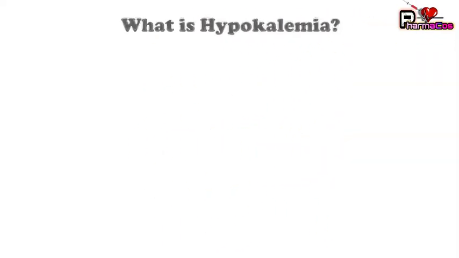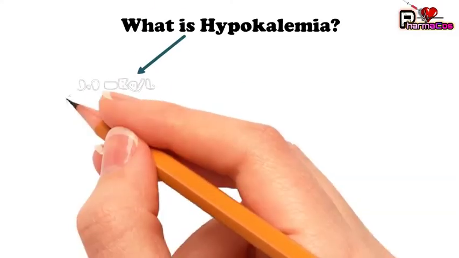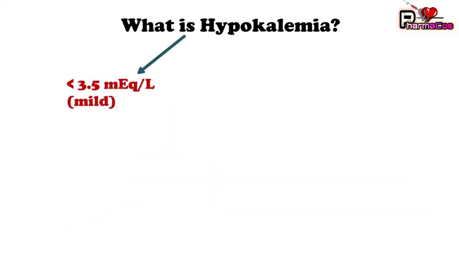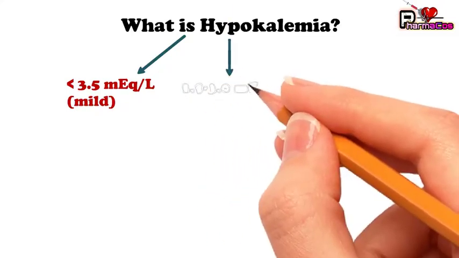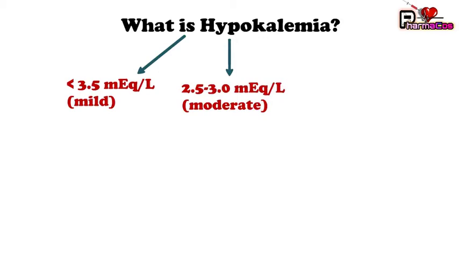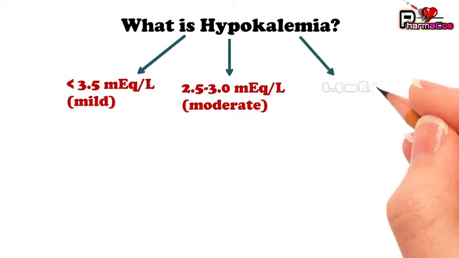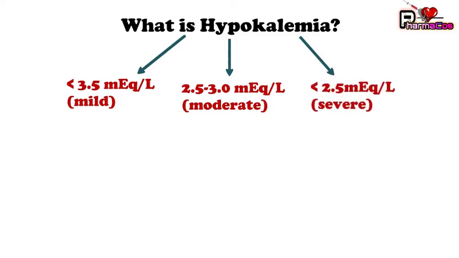Now let us see what is hypokalemia. Hypokalemia is generally defined as a serum potassium level of less than 3.5 milliequivalent per liter. Moderate hypokalemia is a serum level of 2.5 to 3 milliequivalent per liter, and severe hypokalemia is a level of less than 2.5 milliequivalent per liter.